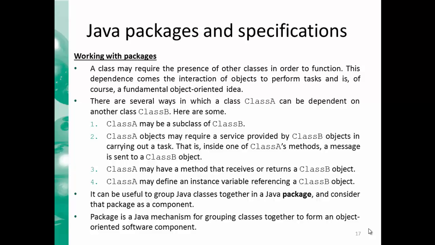In Java, there are several ways in which a class can depend on another class. If we say that we have class A and class B, then one way of dependency is that class A is a subclass of class B, meaning class B is the superclass for class A.